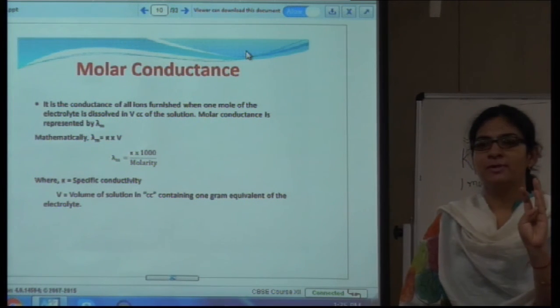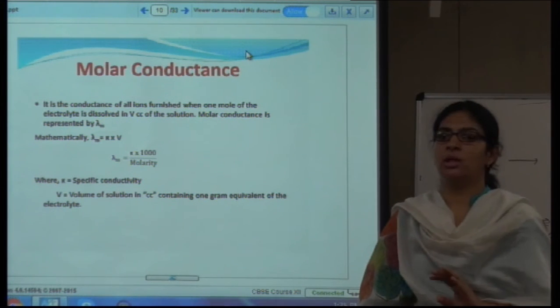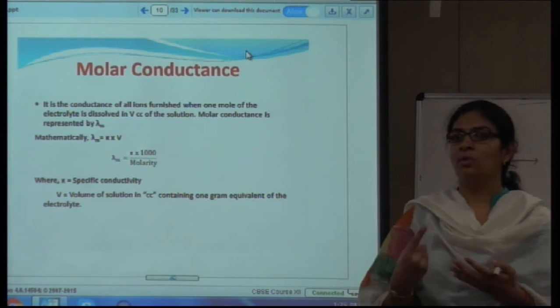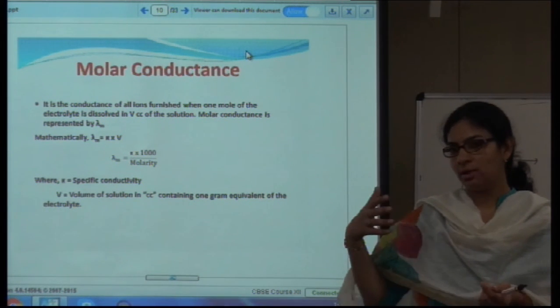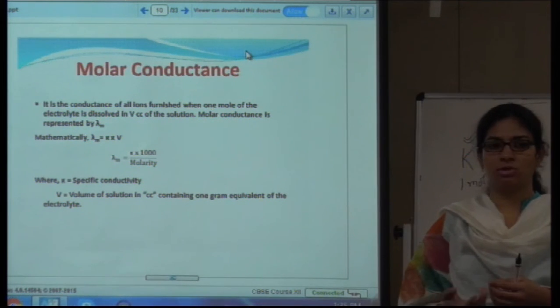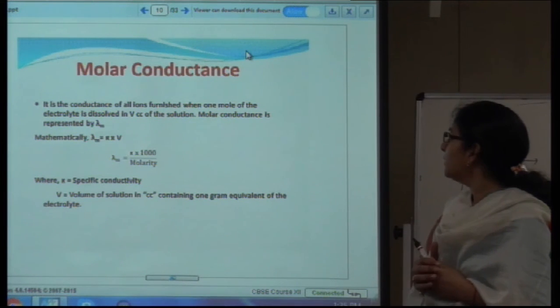If you know the specific conductance, you can calculate equivalent conductance and molar conductance also, right? Later on you will realize that from molar conductance you can calculate various other quantities like degree of dissociation, ionization constant, all those things, right? Next slide please.